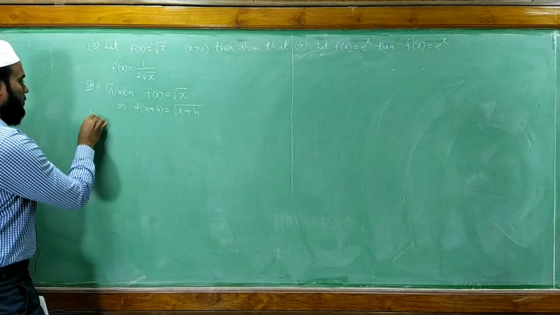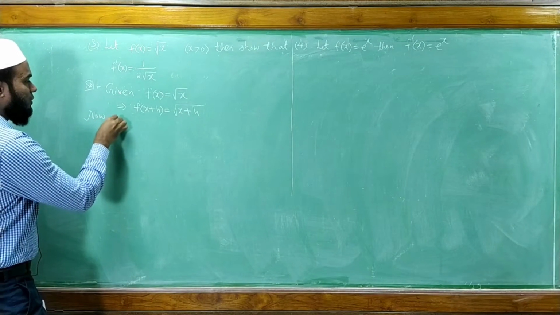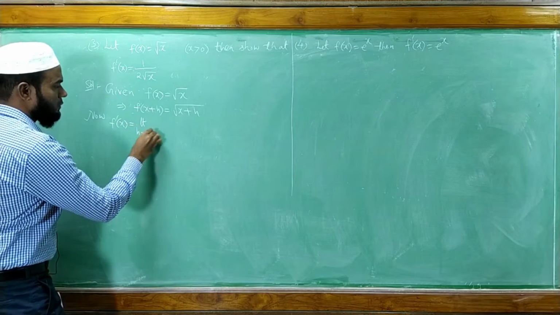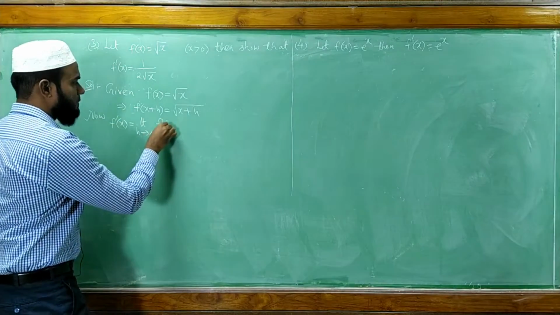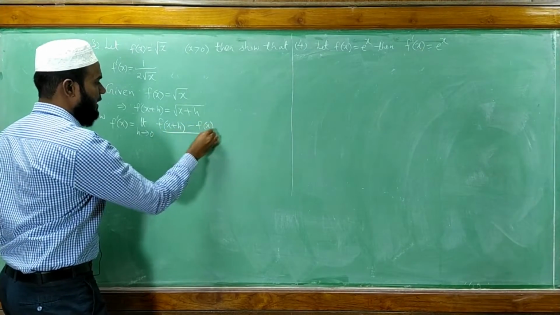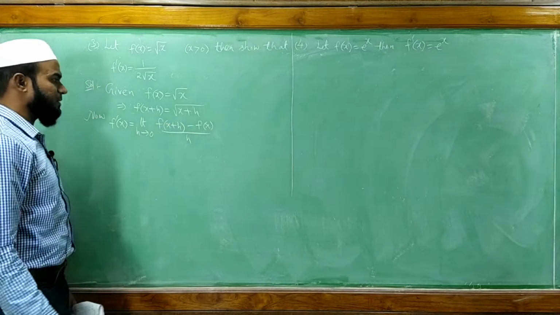Now, what is the formula? f dash of x is equal to limit h goes to 0, f of x plus h minus f of x by h. This I am writing from the first principle.